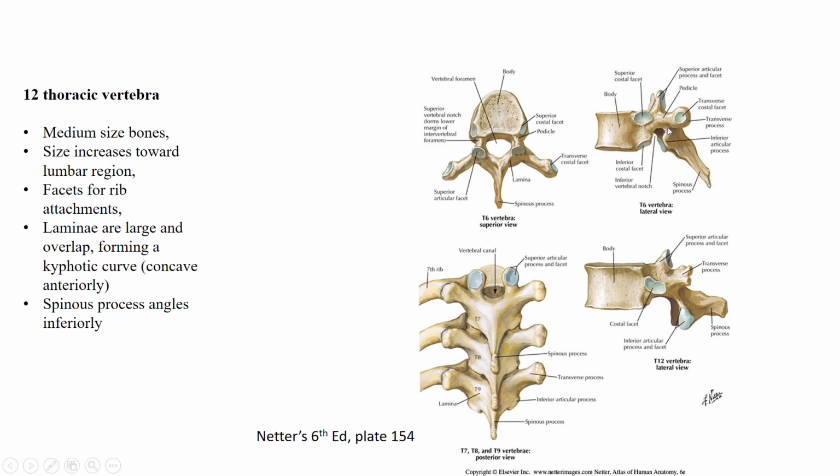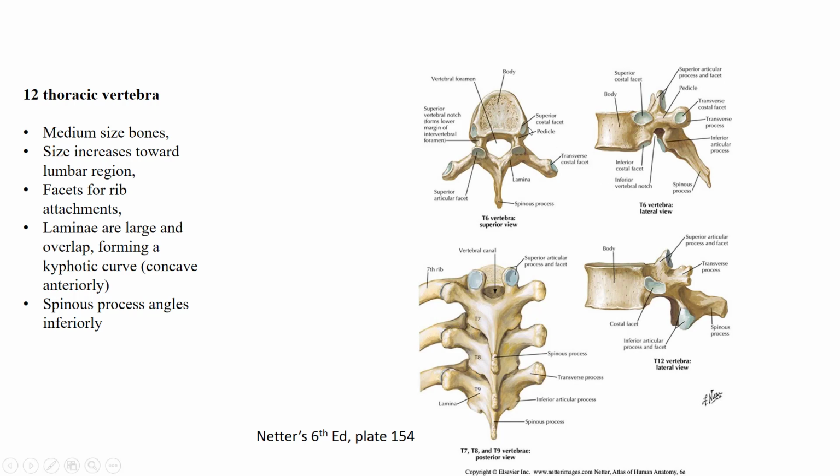So as they come off of the back of the lamina, they start to move inferiorly as well as posteriorly at the same time. So take a look at those spinous processes to help you distinguish whether it is a cervical, thoracic, or lumbar.